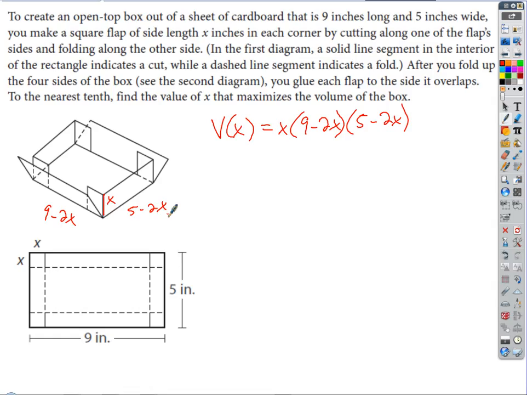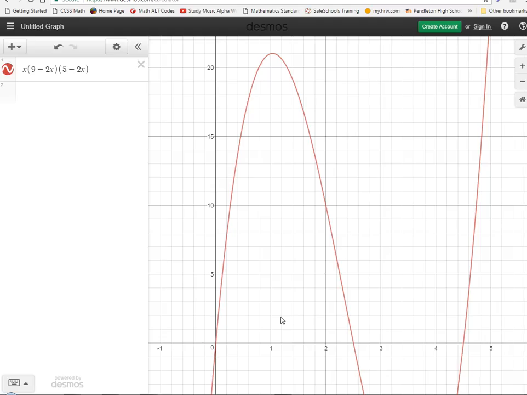At what point would this thing not have any volume? If I just grow these squares, at some point they're going to bump into each other, and there's going to be no bottom to the box. 2.5, right? Does that make sense? So our domain, we really only have to go out to 2.5, and what do you know? If you look at our function here, from 0 to 2.5 is right there.